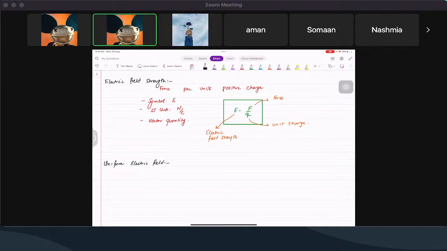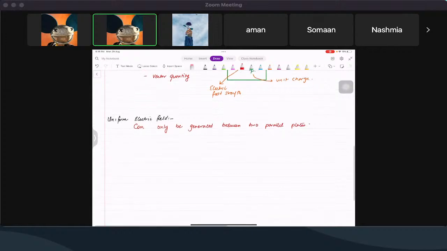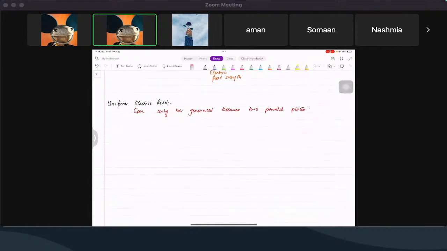A uniform electric field can only be generated between two parallel plates. What I mean by this is, suppose you have a plate which is connected to a positive supply, and then you have a plate which is connected to a negative supply.